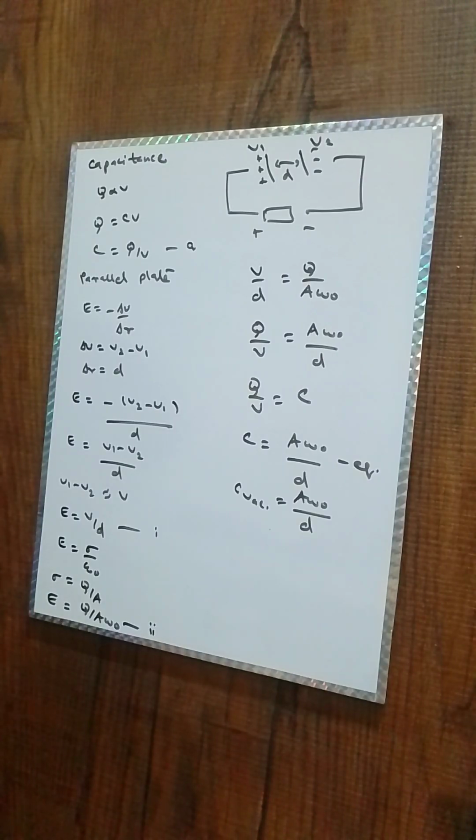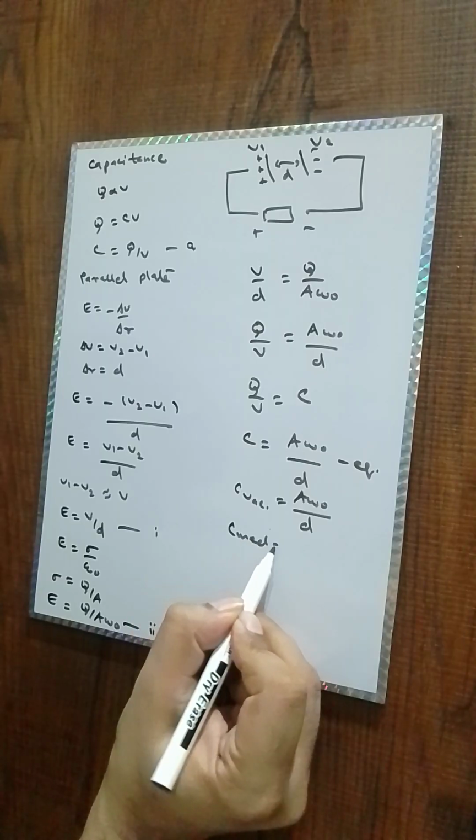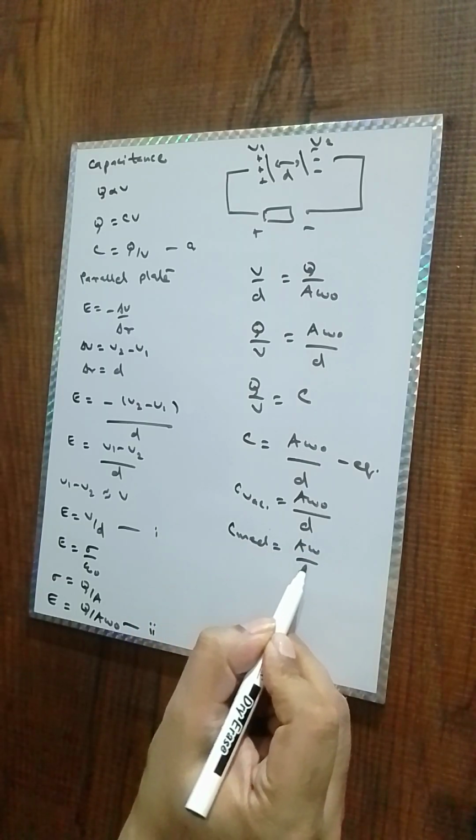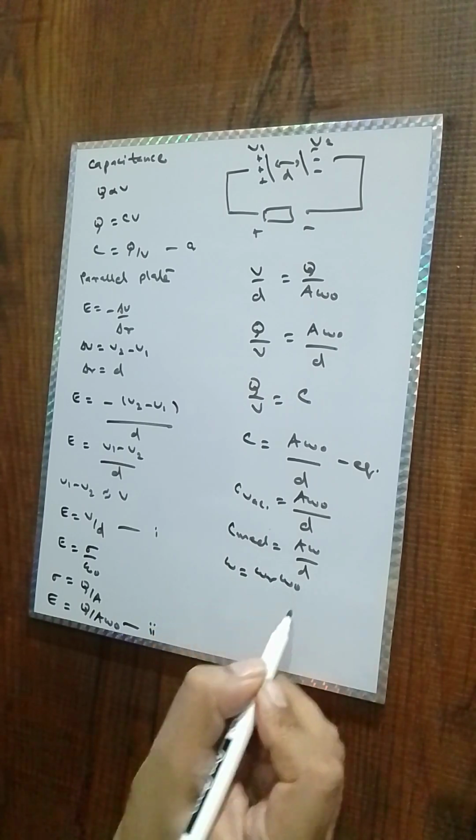We also have a dielectric situation. If we have a little dielectric, so the C of medium, the capacitance of medium would be A epsilon by D, and epsilon would be epsilon relative epsilon naught.